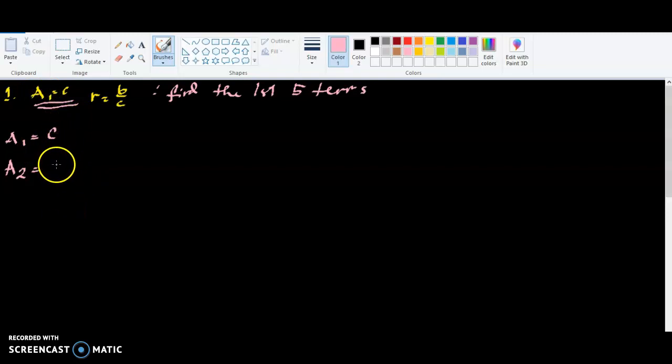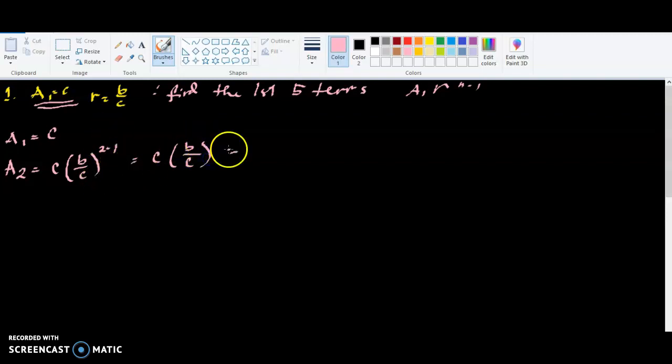For the second term, using the formula, again, for geometric sequence, we have a sub 1 r raised to n minus 1. So C is our first term times the common ratio raised to the value of n is 2 minus 1. So that is equal to C times B over C, because 2 minus 1 is still 1.